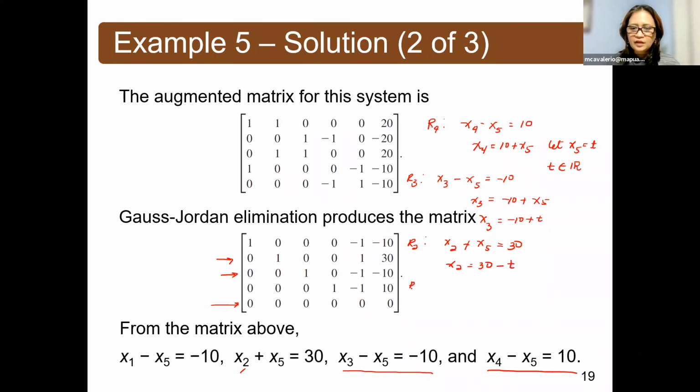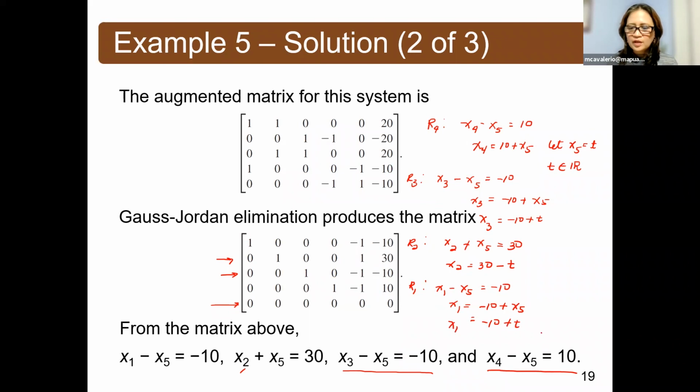And finally, for row 1, we have x sub 1 minus x sub 5 equal to negative 10, so x sub 1 is equivalent to negative 10 plus x sub 5, which is negative 10 plus t.